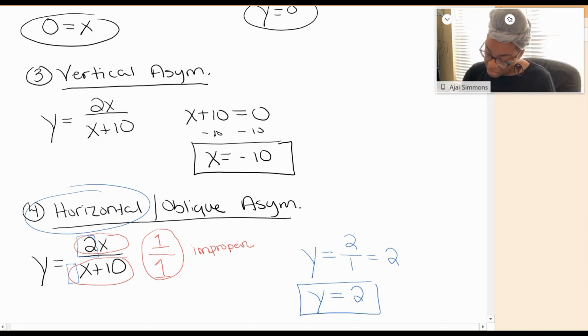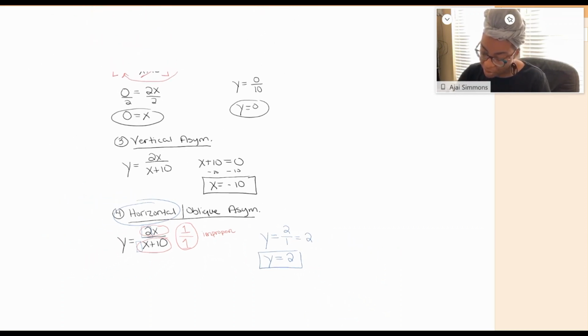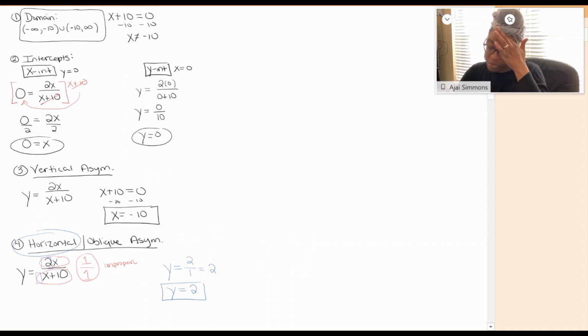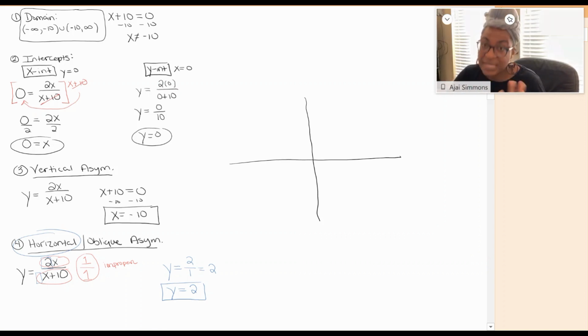Okay, let's do another problem. And actually, before I move on to another problem, let me draw this real quick because there will be a couple of questions where you want to look at how this would look on a graph. So I found all this stuff, right? I'm going to do just a rough sketch. You can see how this looks in a graphing calculator, but I'm going to do this without looking at my calculator for a second.